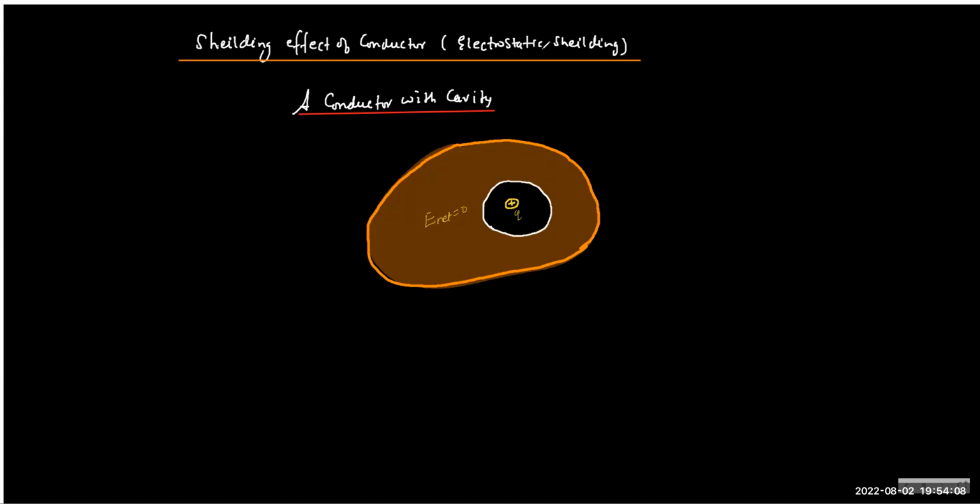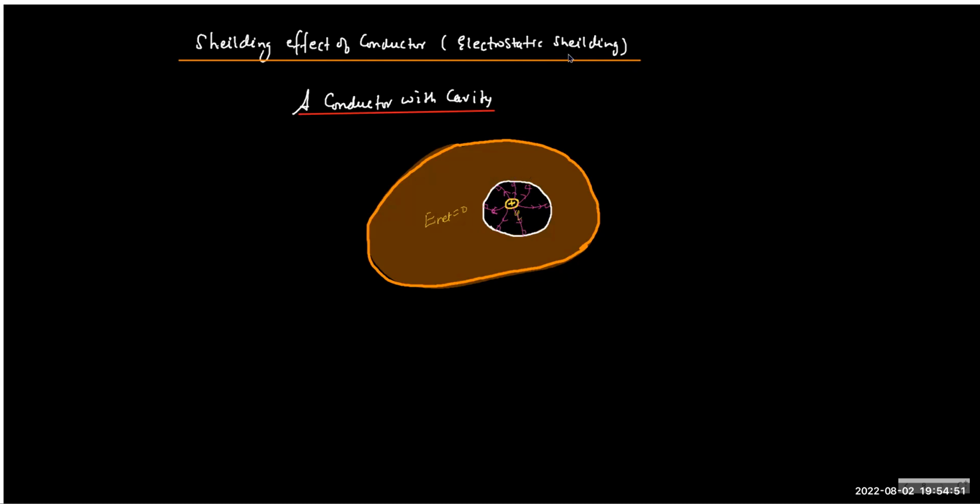So let me draw this at right angle. And depending on the placement of the charge and the shape of cavity, the field lines will be something like this. So this is the field lines, and a negative charge layer will deposit.